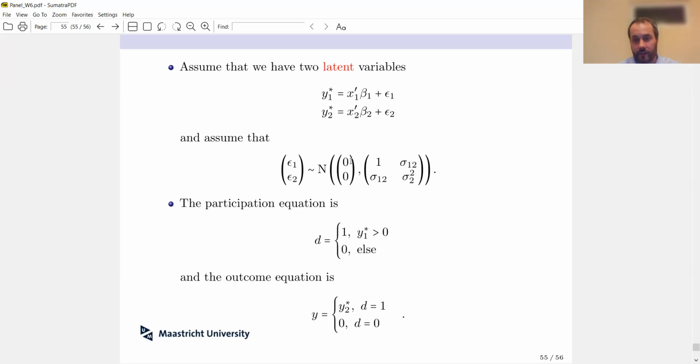Again, the mean zero is not the strong assumption. If these equations contain the constant regressor, the mean zero assumption is for free. Here, there's a normalization assumption, because if we don't normalize, if this was sigma 1 squared, then the whole system would not be identified. So there's an identification condition implicit here.